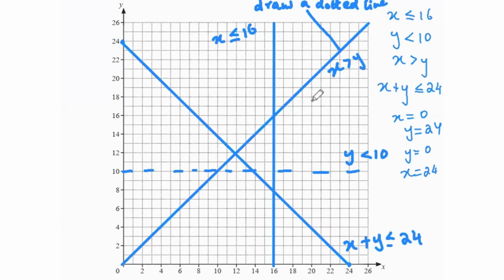So we have to shade the unwanted region. So if x is less than equal to 16, that is unwanted region is the greater part. So this is the unwanted region. Y is less than 10, so we shade the greater part.